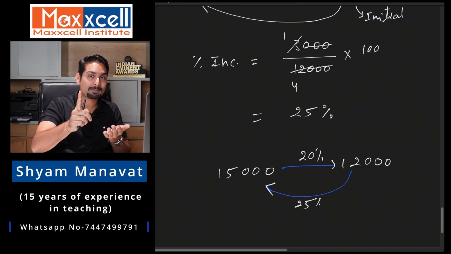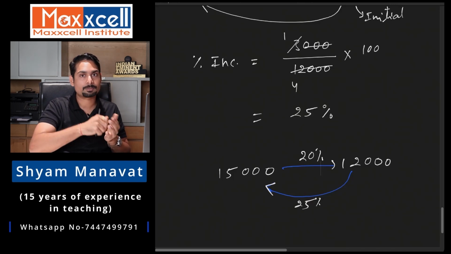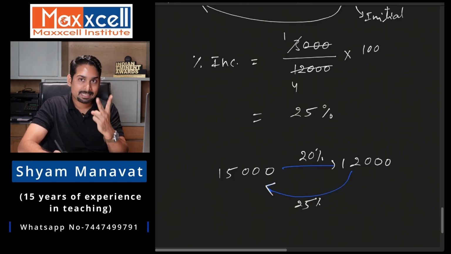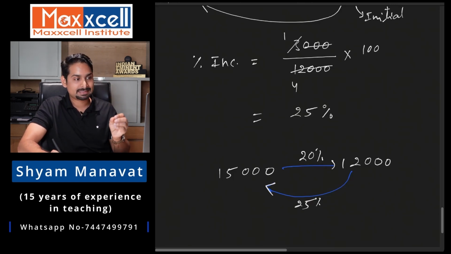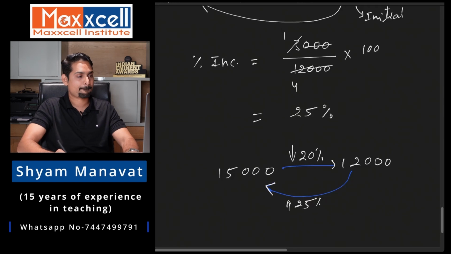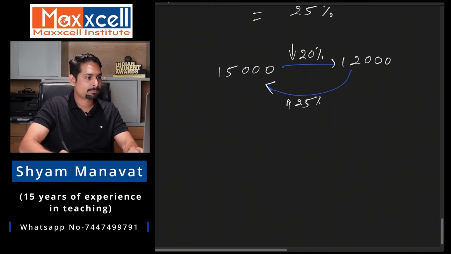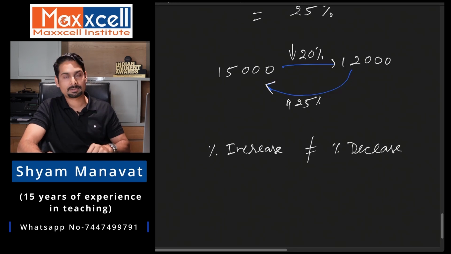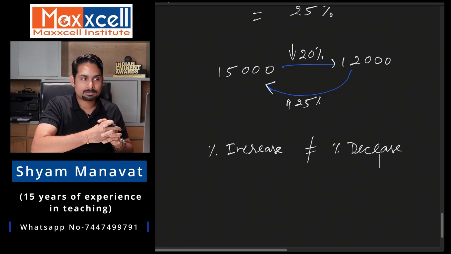What I'm trying to say here is that for the same pair of numbers, percentage increase and percentage decrease are not the same. So understand this: percentage increase is not equal to percentage decrease for the same pair of numbers. This is the conclusion of these two questions.